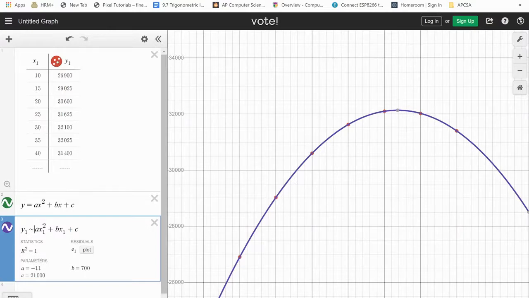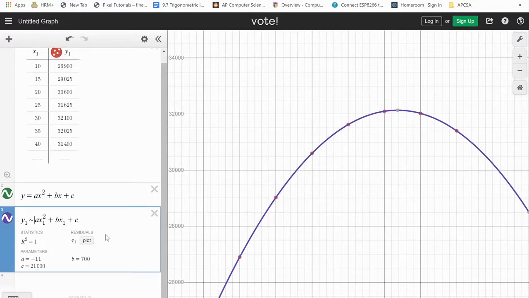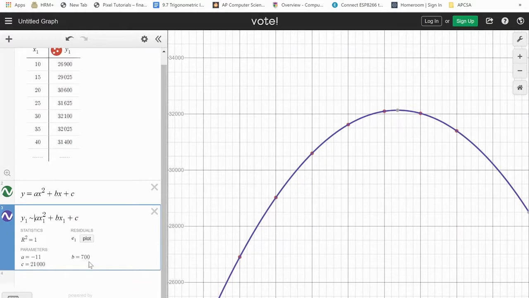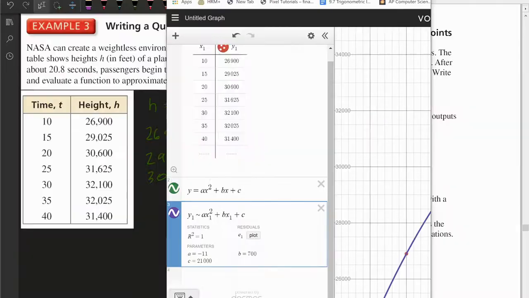And there you can see it perfectly lines up right here. I see that my R value right here is 1, which, if you remember the correlation coefficient, means it's a perfect correlation. It hits every single dot in the graph. So after all that, I see a is -11, b is 700, and c is 21,000.